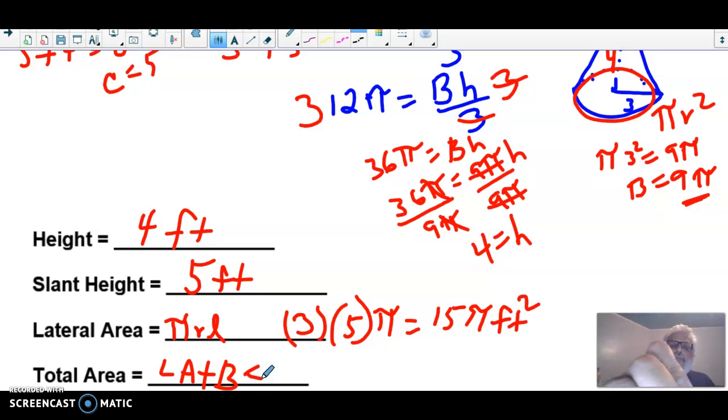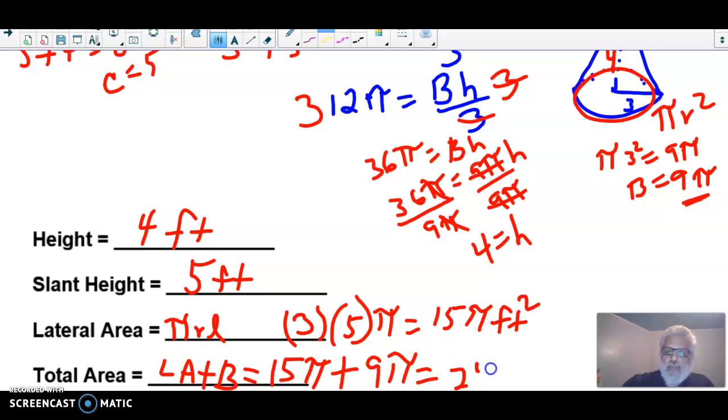So that's going to be my lateral area we found to be 15 pi plus we found the area of the base to be 9 pi, and that will give us 24 pi feet squared. And that's that.